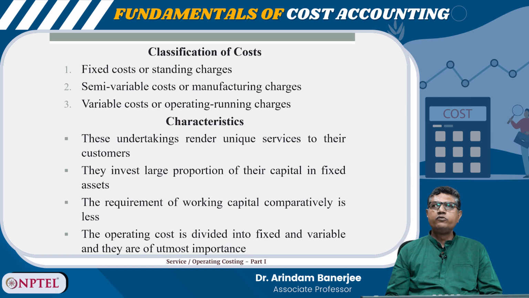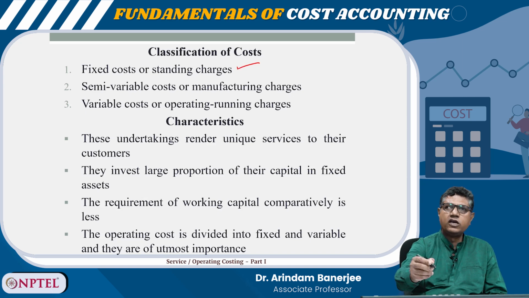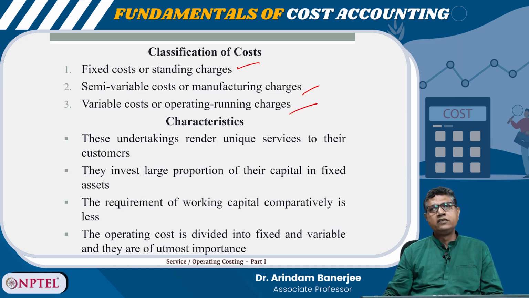Now we need to classify the costs. We can classify the costs into primarily three categories. First is the fixed cost or standing charges. Second is semi-variable cost or maintenance charges. Third is variable cost or operating running charges. Now, what are the characteristics of these costs?